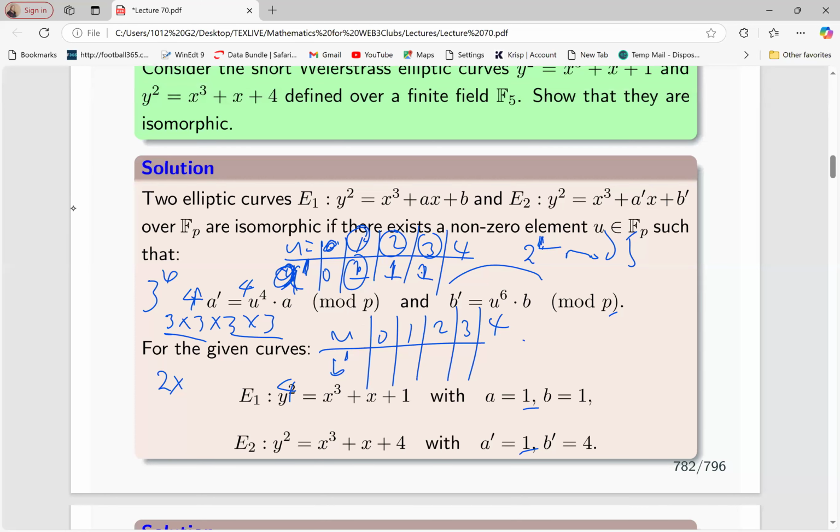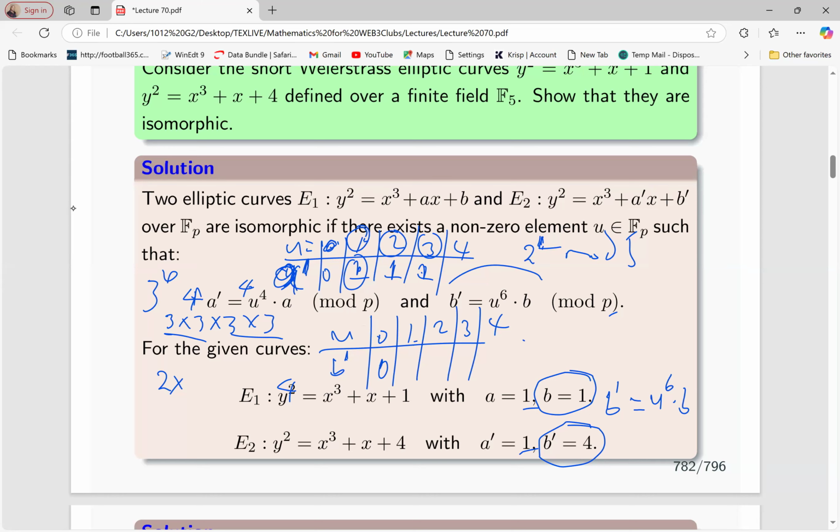What do we want to obtain? We want to obtain 4, because B prime should be given as u raised to 6 times B. When you take u to be 0 and raise it to 6, then multiply by B, B is 1, this gives you 0, not 4.